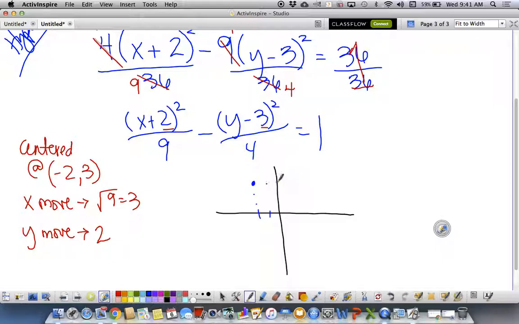X is moving 1, 2, 3. X is moving 1, 2, 3. Your y's really don't even matter because we're going this way. It has to do with how fat it is, but we didn't go into depth. Just know it's going that way.